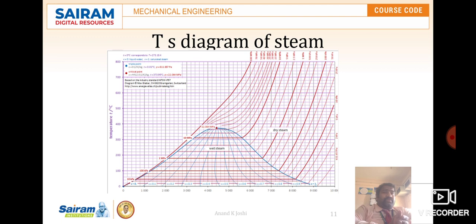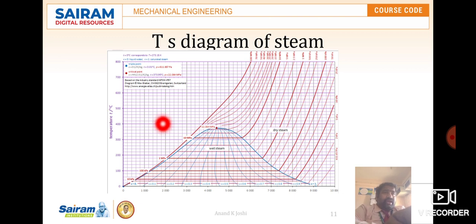Suppose you consider 1 kg of a sample of wet steam at a temperature of 250 degrees centigrade, and it becomes dry at point 2. This may be shown at point A, which you mark here.